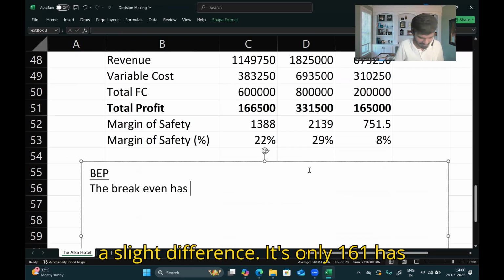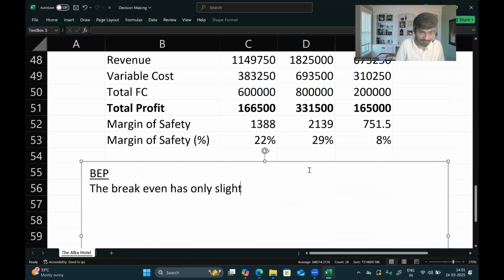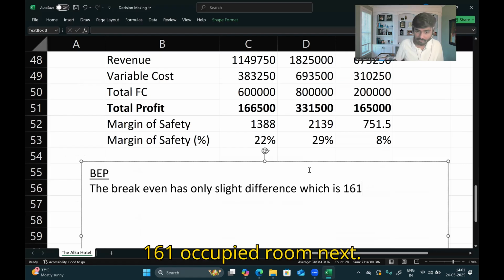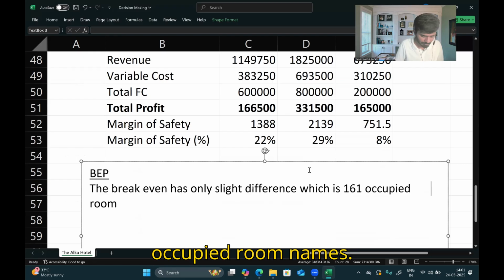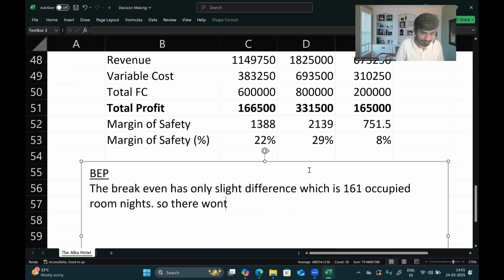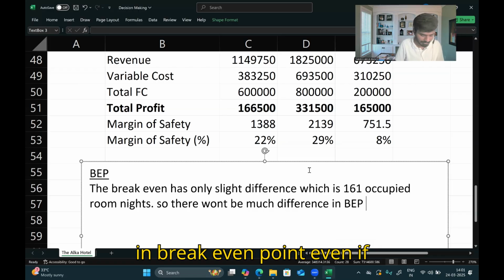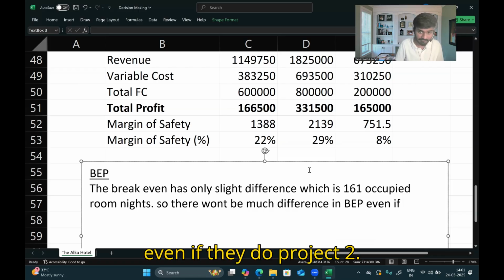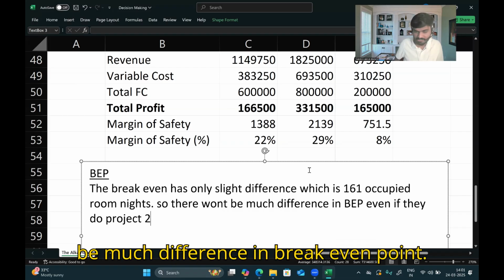It's only 161 occupied room nights. So there won't be much difference in break-even point, even if they do project 2.